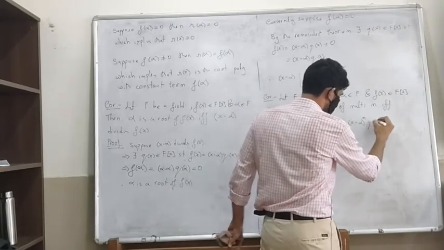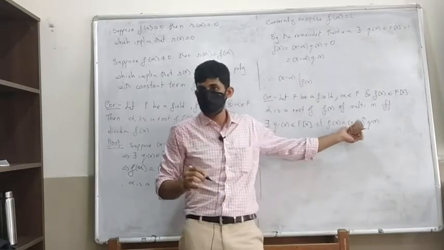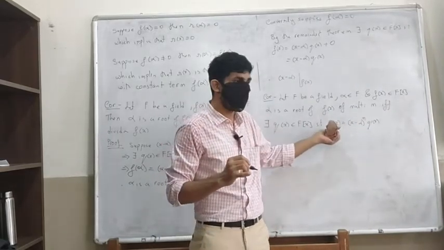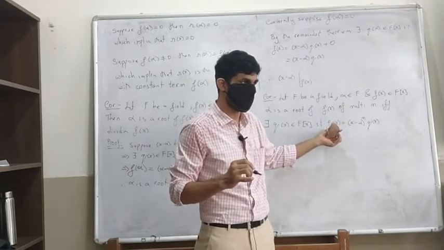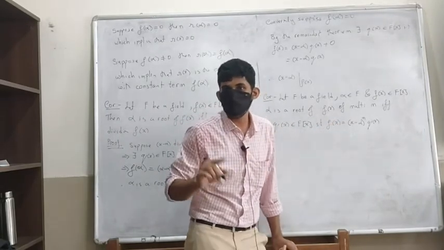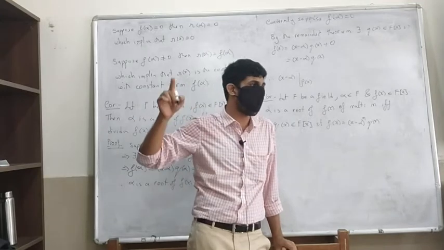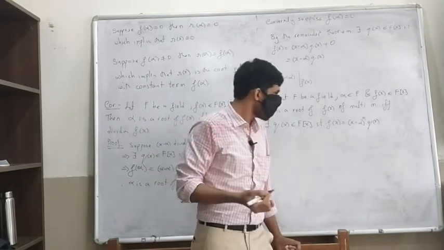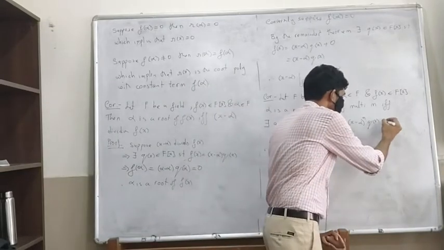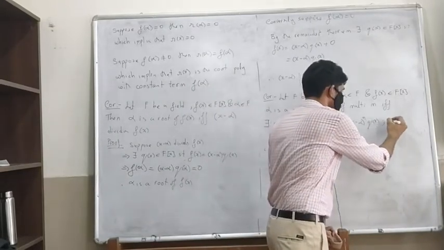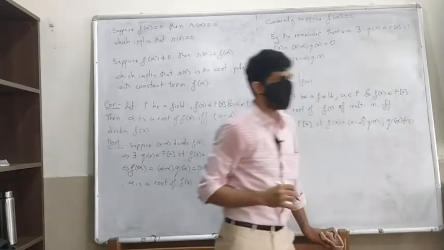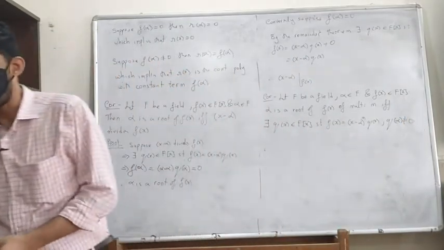Now this just means that x minus alpha raised to m divides f of x, right? But I also want to say that x minus alpha raised to m plus 1 does not divide it. How do I say that? By saying that q of alpha is non-zero.